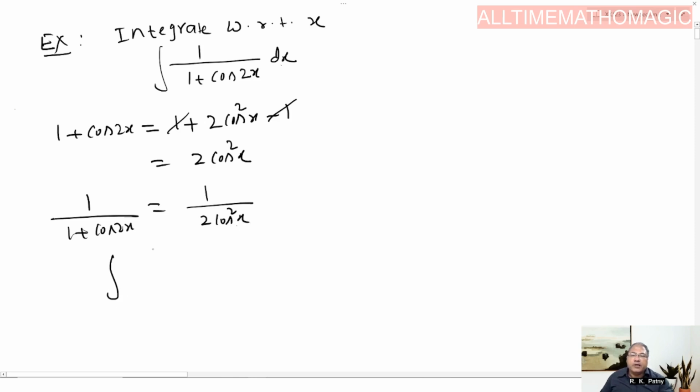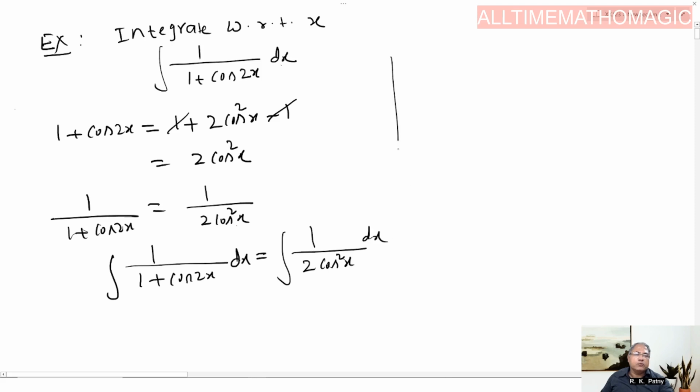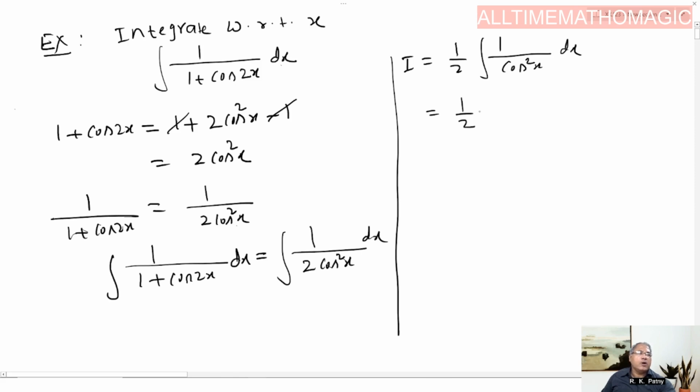Therefore integration of 1 upon 1 plus cos 2x with respect to x equals integration of 1 upon 2 cos square x with respect to x. Now I equals 1 by 2 taken outside, and here 1 upon cos square x can be written as sec square x with respect to x.